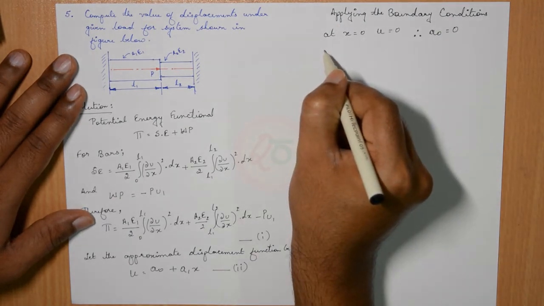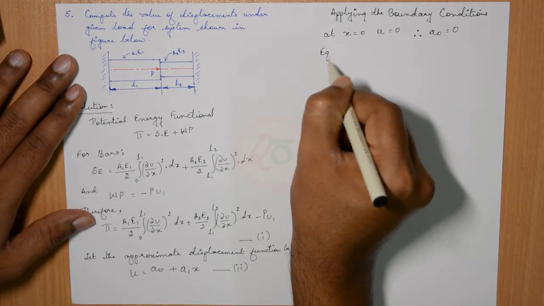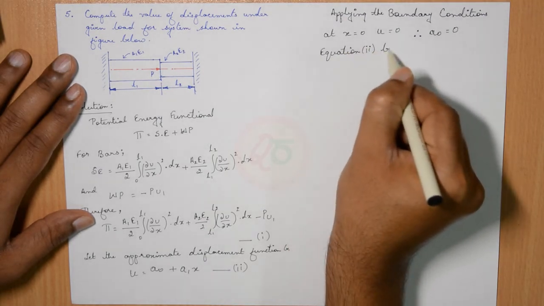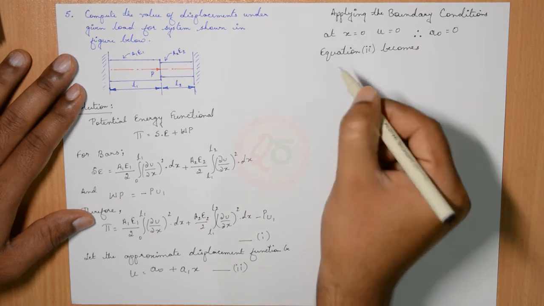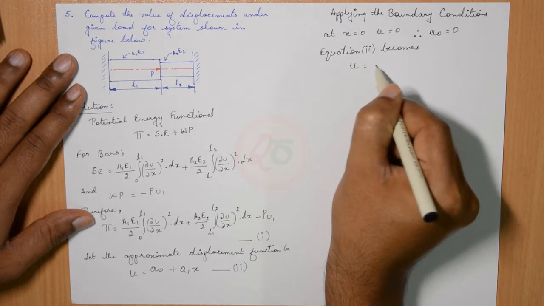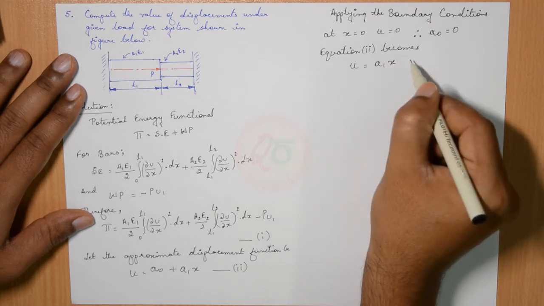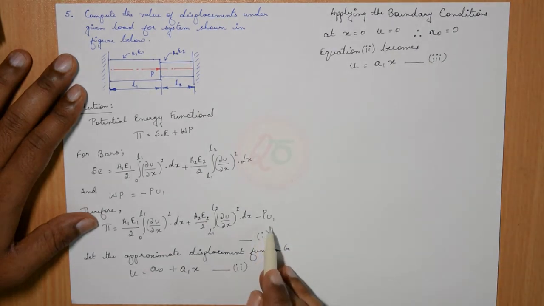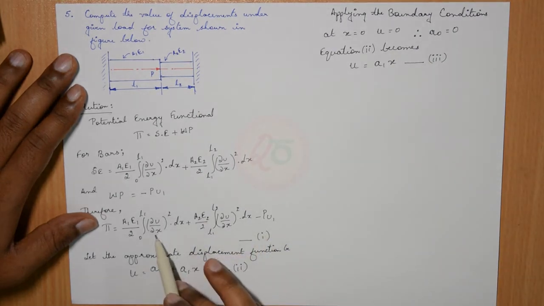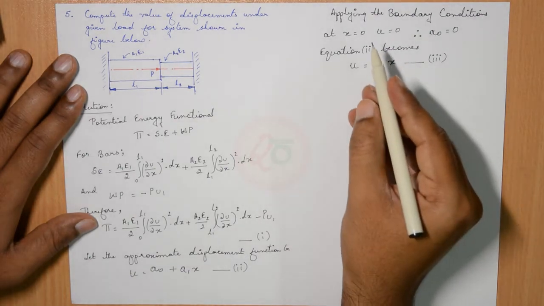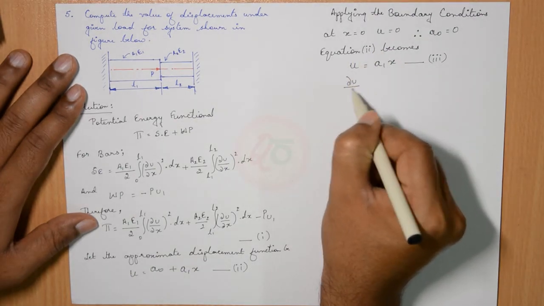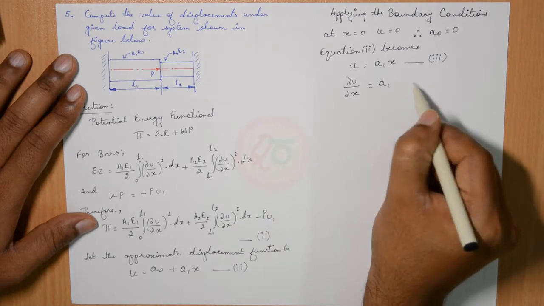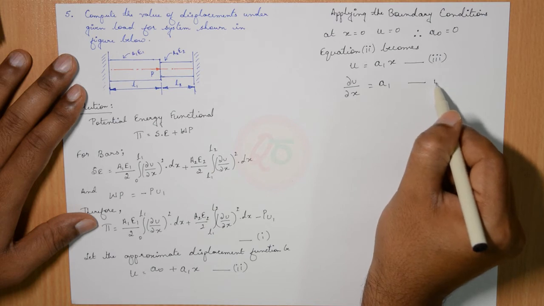Therefore, equation 2 becomes u equals a1 into x. I'll call this equation 3. Now I do have the value of u. I need to obtain the value of dou u by dou x. So dou u by dou x will be equal to a1. I'll call this equation 4.